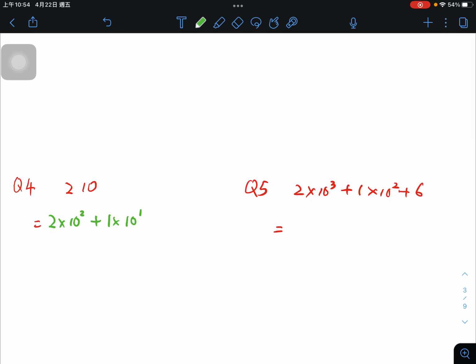But one thing you need to remember is that something is missing here. The power goes from 3 down, but 1 power is missing. So when you write it like this, you need to be careful. The original number becomes 2106.